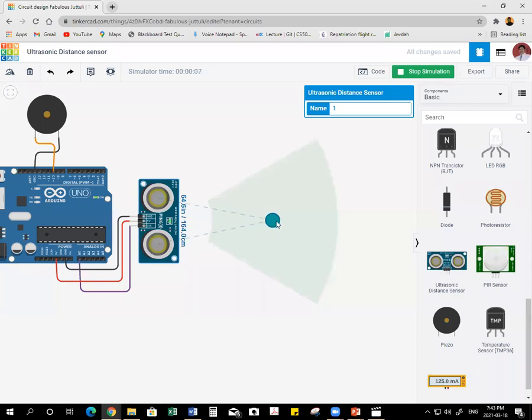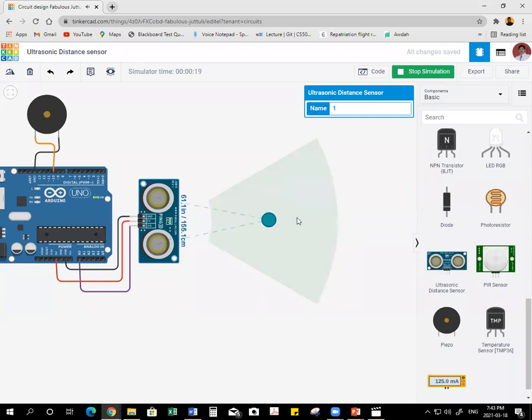So if you move this, it is showing how much maximum it can show. See, 132 inch it can show. So the ultrasonic sensor has a limitation of 132 inch, that is 335 centimeters, and a minimum also is there, 1 inch, 2.6 centimeters.